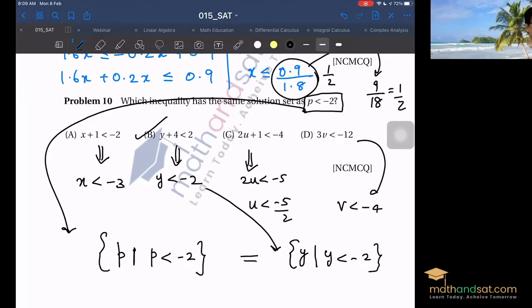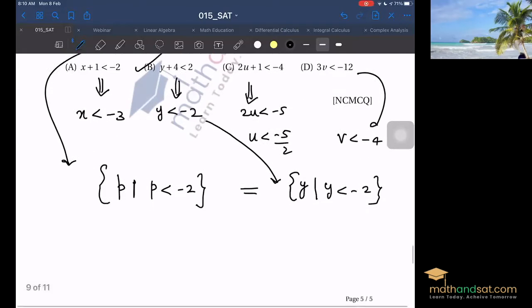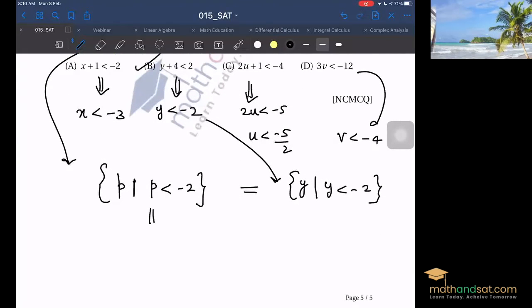These two are exactly the same, because this is what we call the set builder form. In set builder form, the variable does not have any significance, it's just a label. This simply means that this will represent all the real numbers less than minus 2 on the number line. Clear?